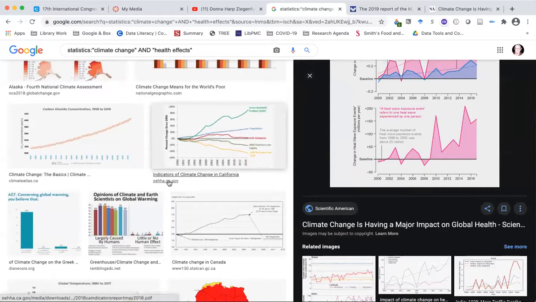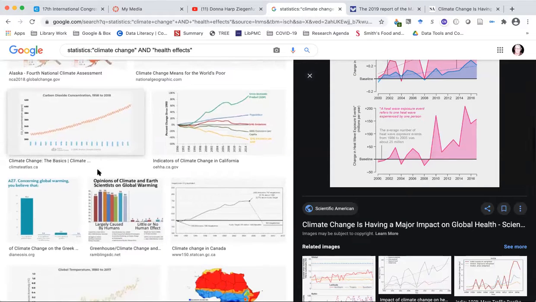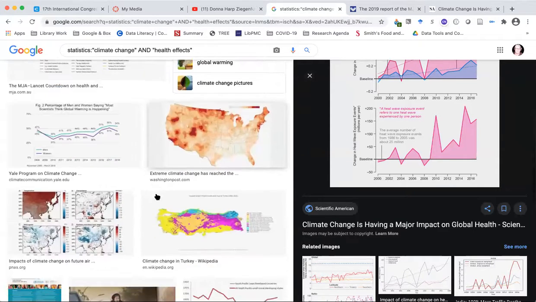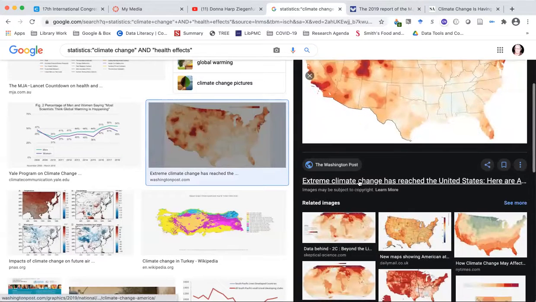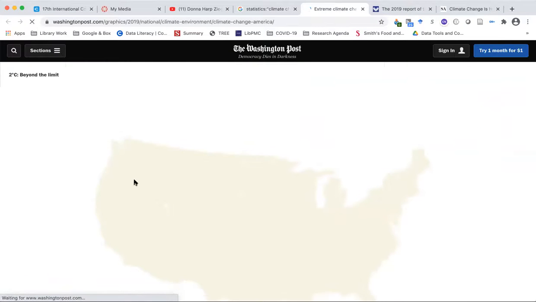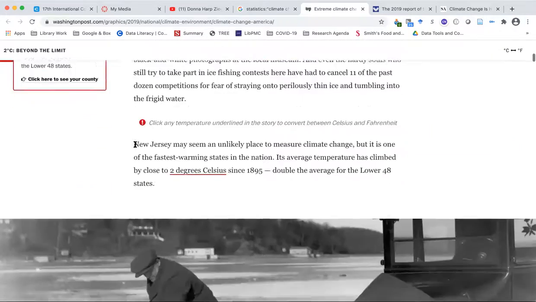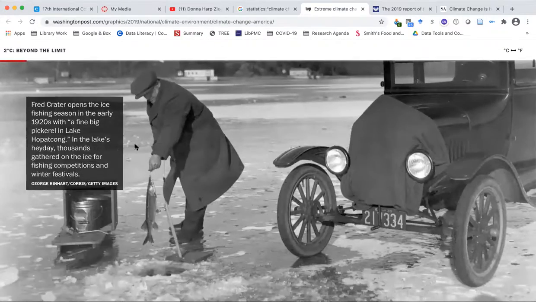This one is from canada.gov. So you can look at these, and if you see something that's interesting, these are extreme climate change, and it is the Washington Post, but you may not have access to it. Oh, it looks like this one is available freely.